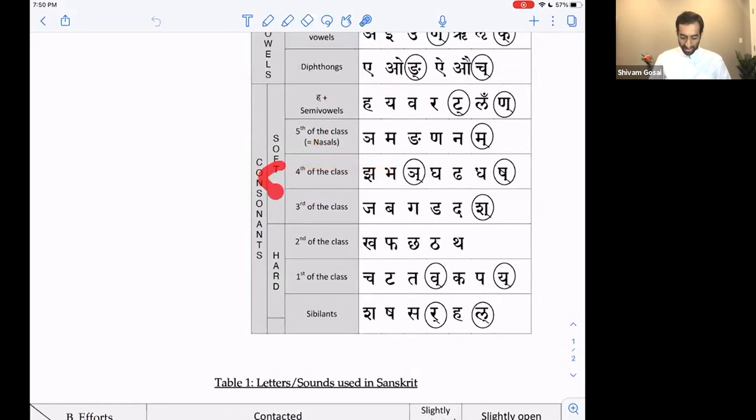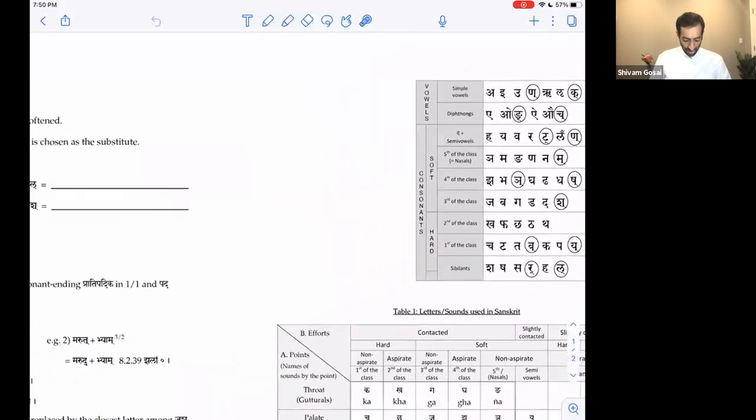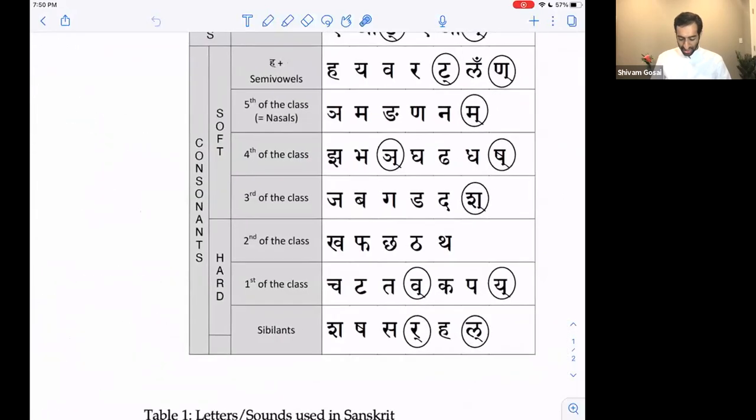So jal becomes jash. Jash is just this third class, ja ba ga da da. So really, if you think of it, any consonant except nasals and semivowels becomes the third class.